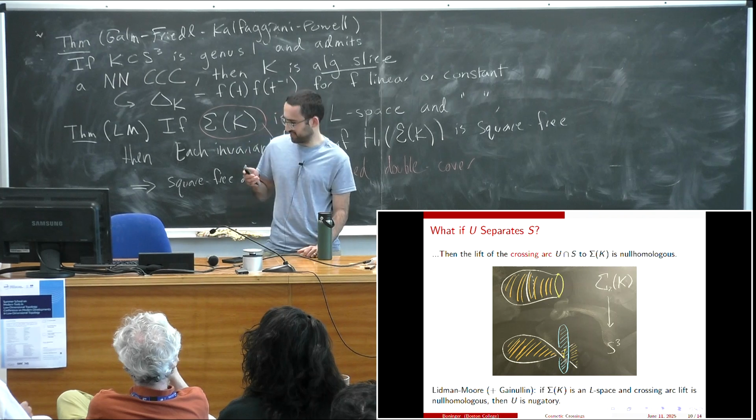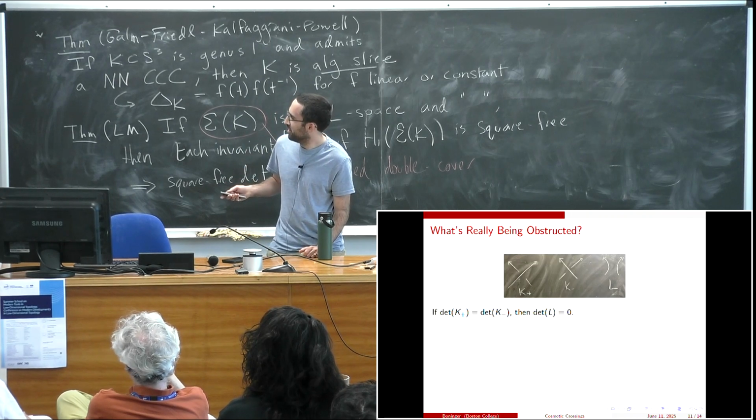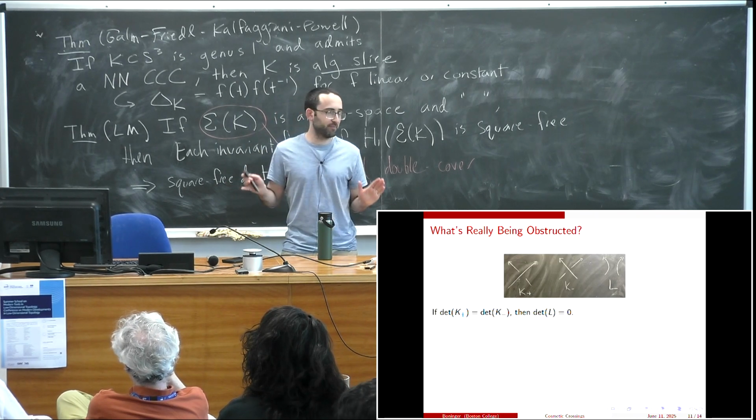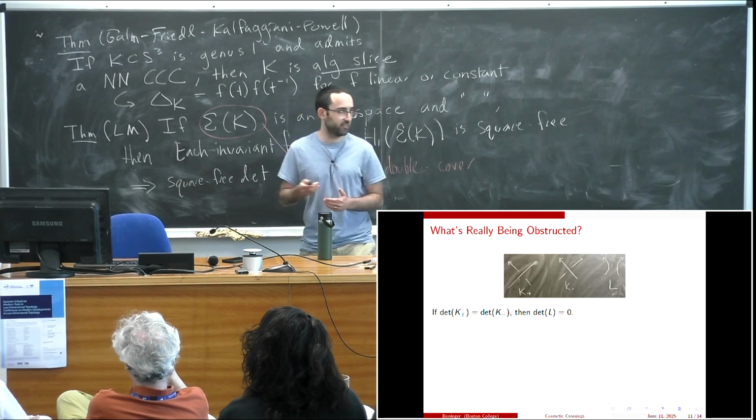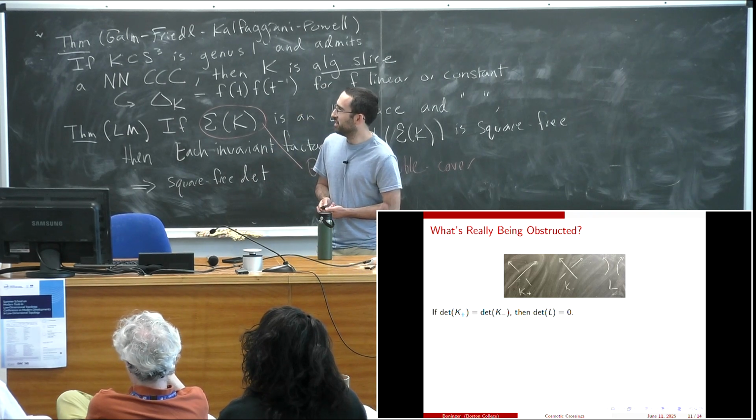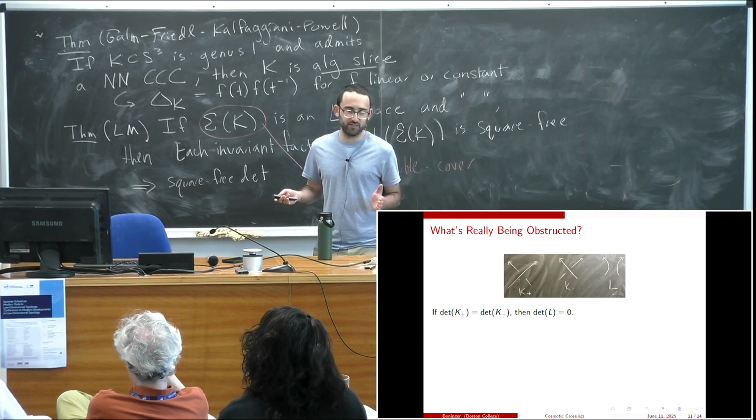So I have a little bit of time. Let's see what we have. I won't say much about the proof of Theorem 2, but I kind of want to give the motivation for it, right? We can take a different perspective on this, and we can ask what's really being obstructed here.